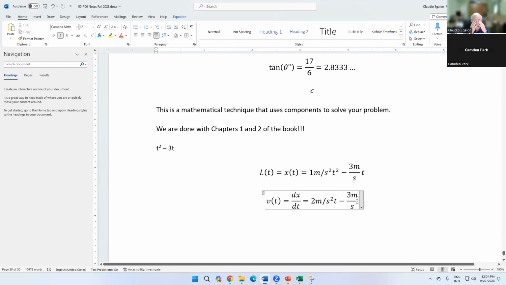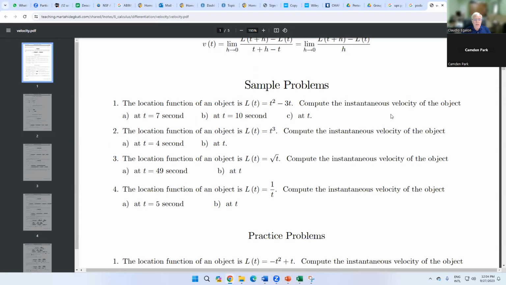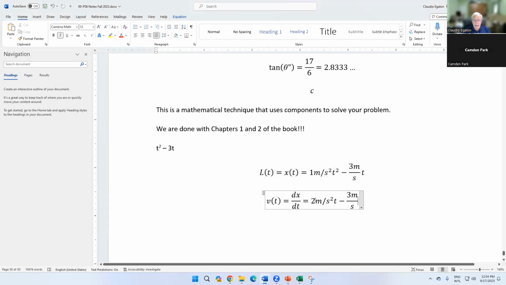Then you apply the numerical value he's asking for: t is 7 seconds for A, and 10 seconds for B. Make sense? That's how you do it. I just need to plug in the given time number. But that's the instantaneous velocity formula.